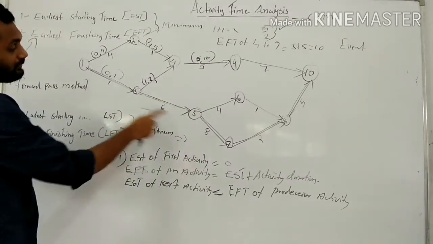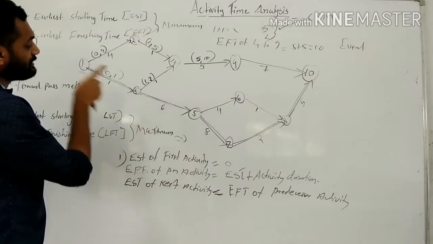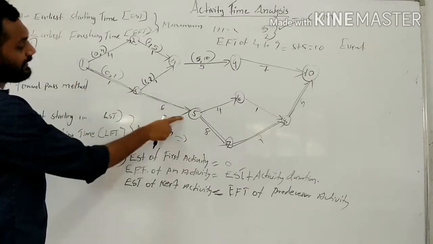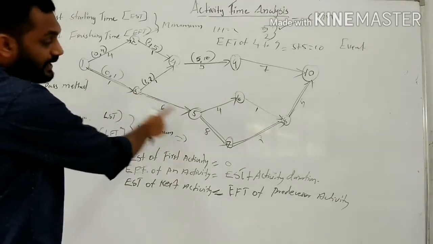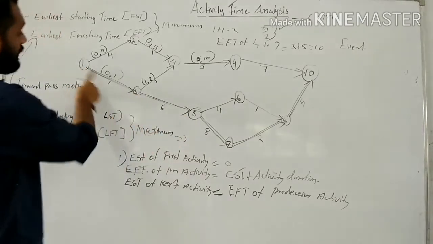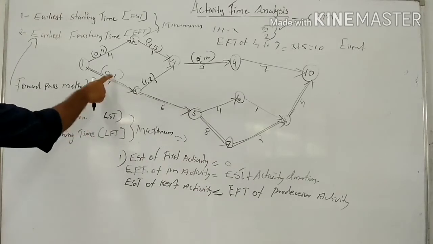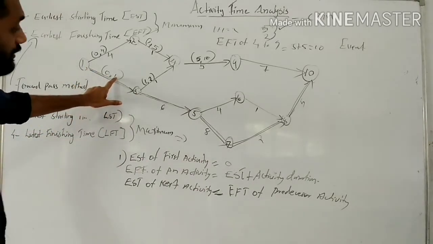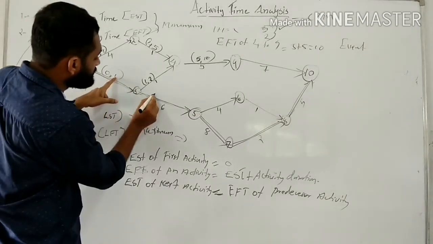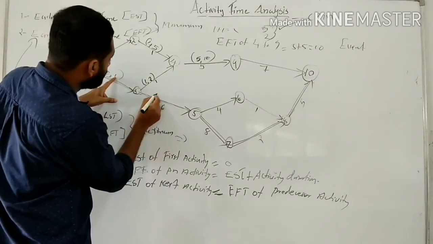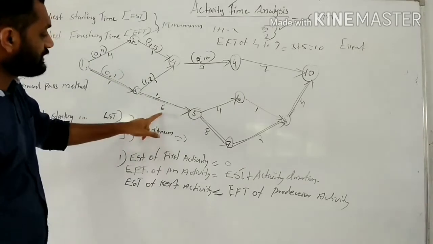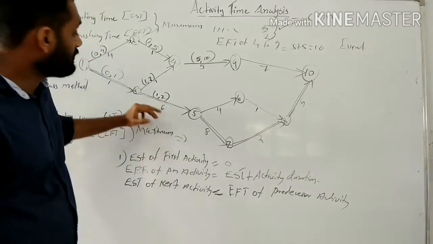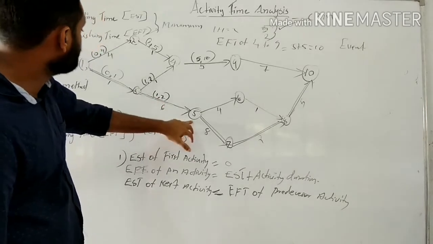ESP of activity 3 to 5 is the EFT of its predecessor. The predecessor activity of 3 to 5 is 1 to 3. EFT of 1 to 3 is 1. So this will become the ESP of 3 to 5. 1 plus 6, that is 7 days. 7 is the EFT of 3 to 5.